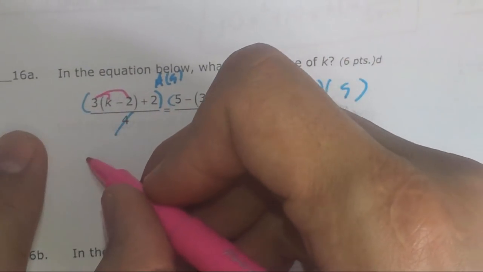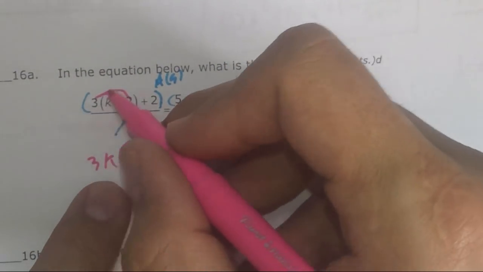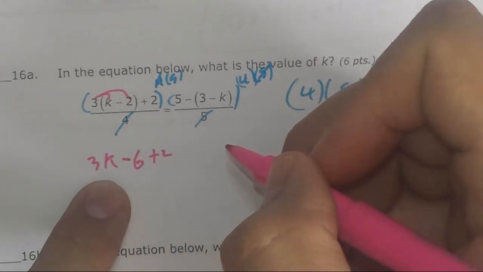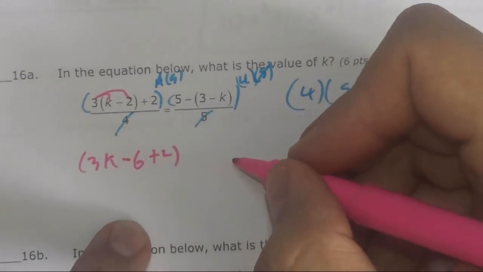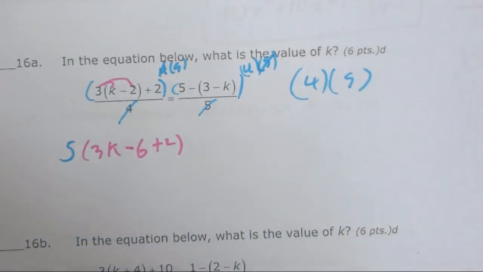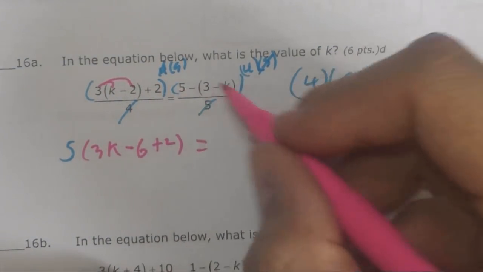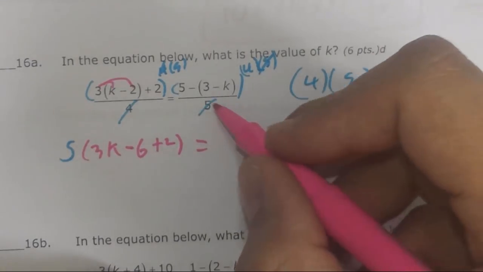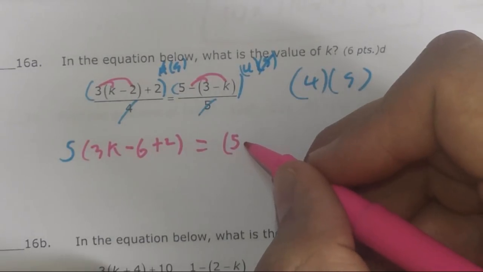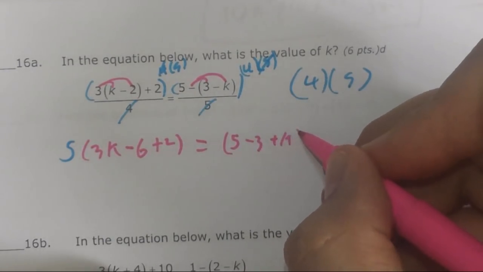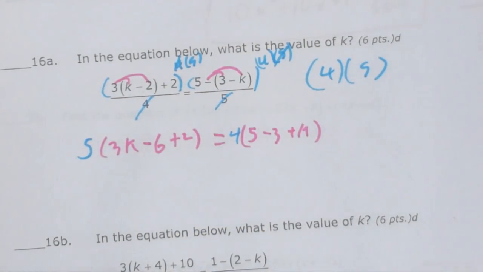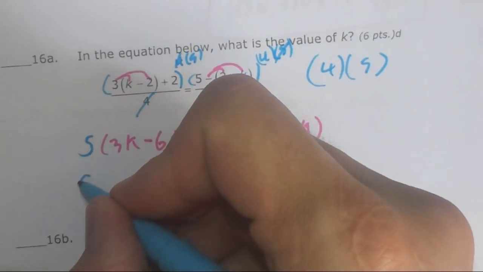So 3k minus 6 plus 2, and we're still going to multiply that by this 5, is going to be equal to, and here this is negative, so we have 5 minus 3 plus k. These are changing the signs, but I still have to multiply it by that 4. Before I go on, I'm going to keep the 5 here.